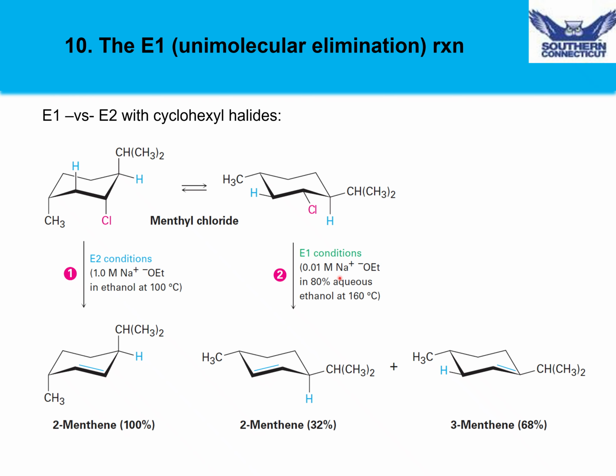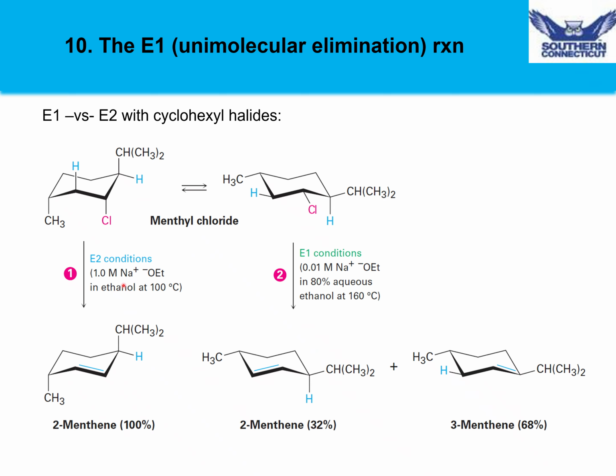If you look closely at the conditions here, you might wonder, how are these E1 conditions? Well, the base, although it's a relatively strong base, is used in a very small amount. So it's really hiding the fact that these are E1 conditions. We're using protic solvents, very little base, so it favors E1 conditions.